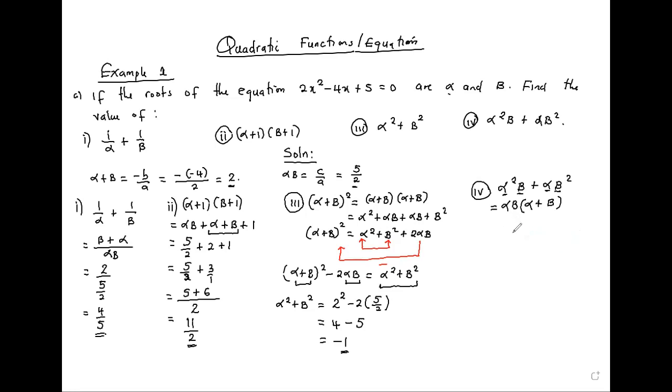Then, why are we doing this? Because we know what alpha beta is. It is 5/2. Why do we need alpha plus beta? Because we know that it is 2. So we put 2, giving us 5.